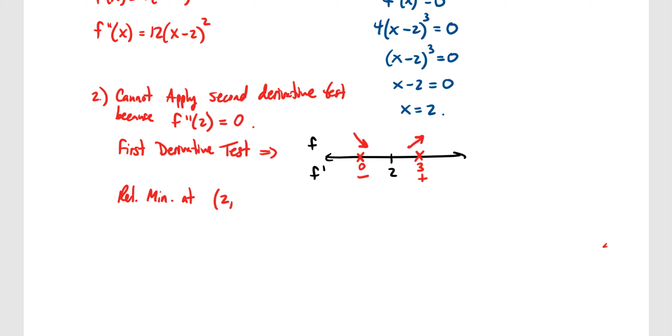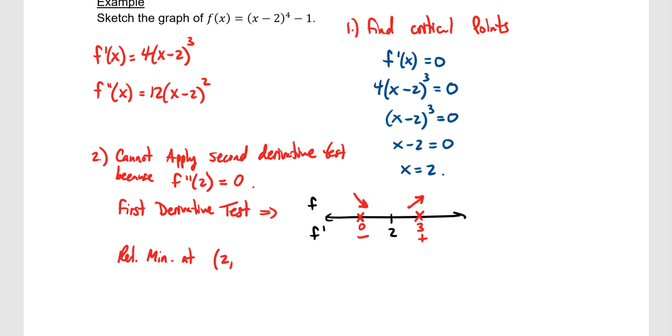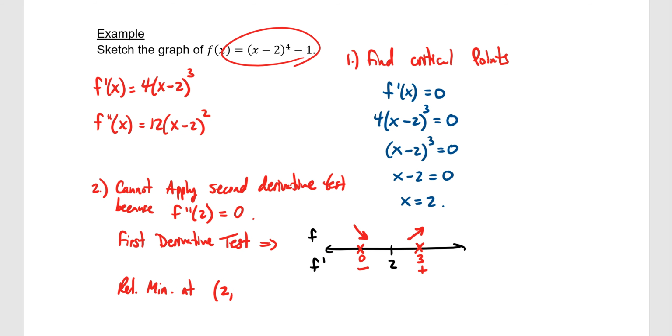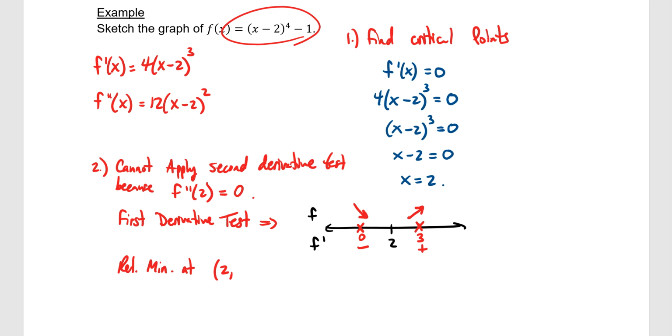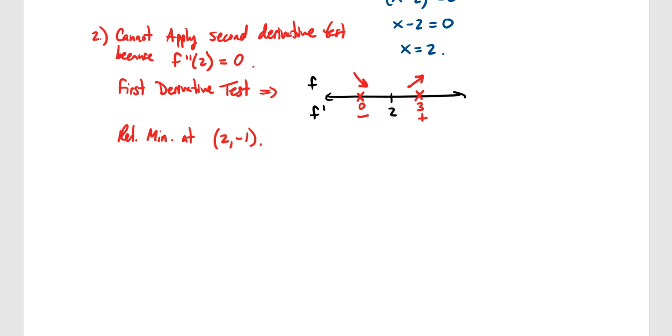And let's find the y value by plugging in 2 into the function. If we plug in a 2, we get 2 minus 2 is 0. 0 to the fourth is 0. And then minus 1, so negative 1. And we know we have a relative min there now.